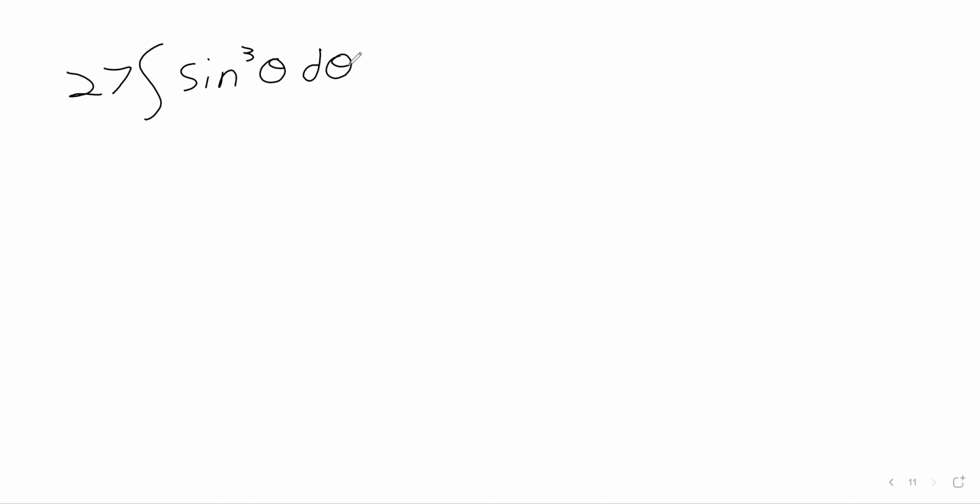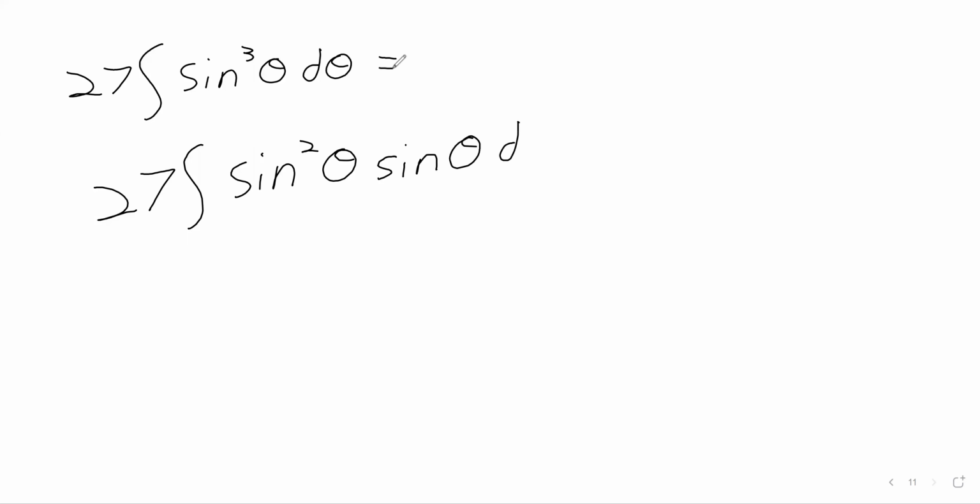So the trick for dealing with odd powers was to pull one of the odd powers out, so that we're left with an even power.